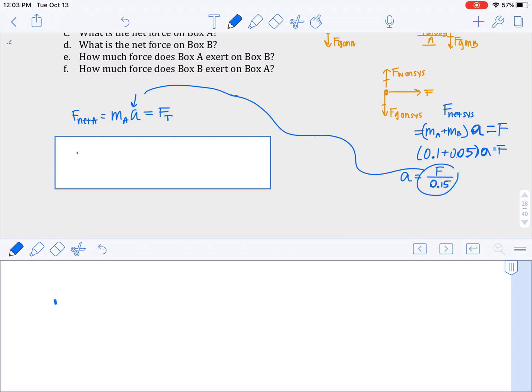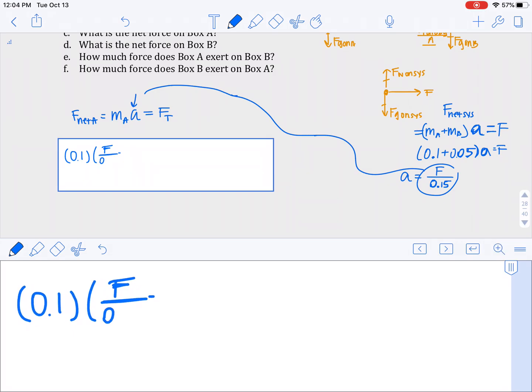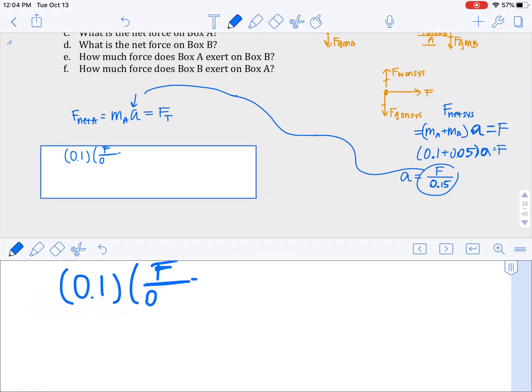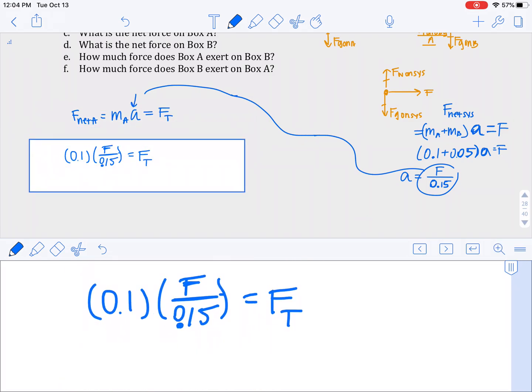So F net of A, my mass of A is 0.1 times this F divided by 0.15 will give me my force of tension, or my net force on A, which is what I want.